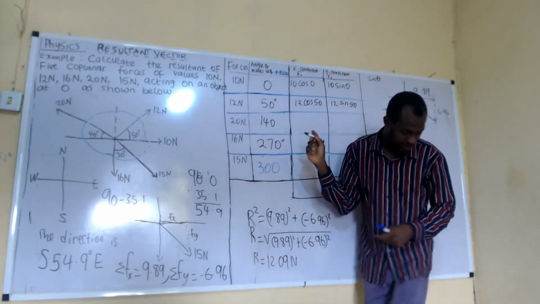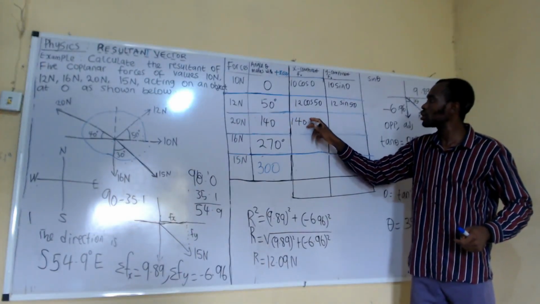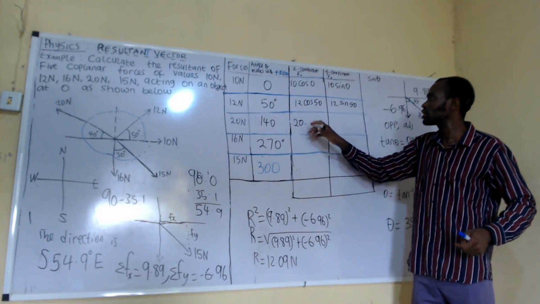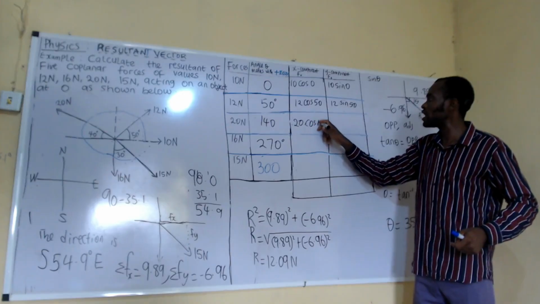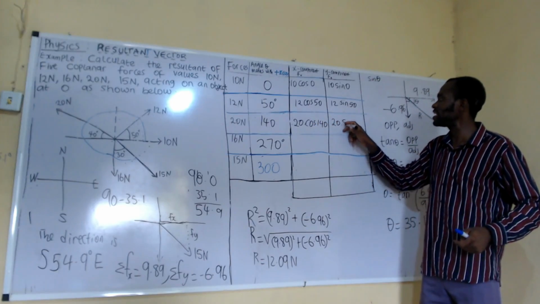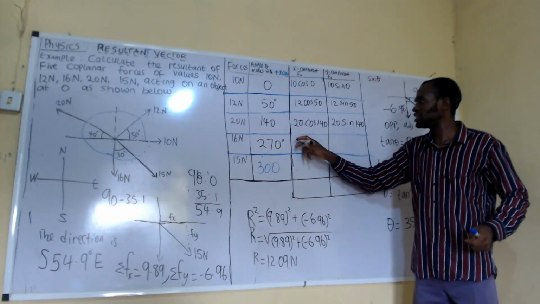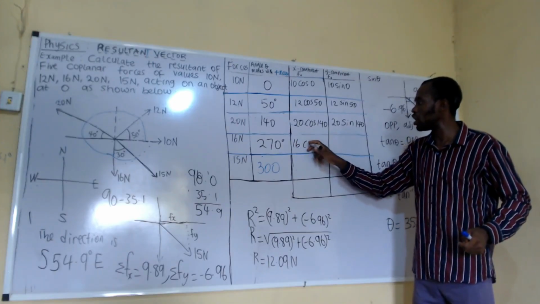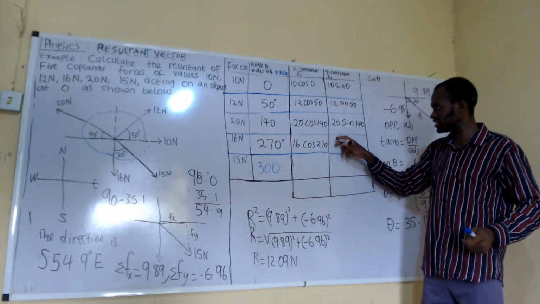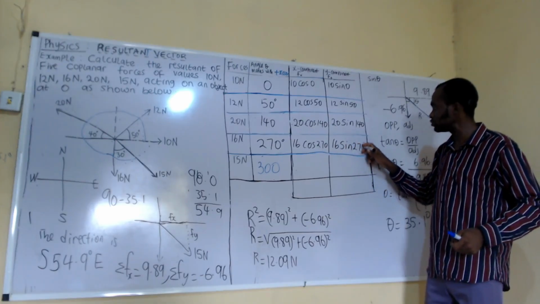This is 20 cos 140, and this is 20 sine 140. This is 16 cos 270, and this is 16 sine 270.